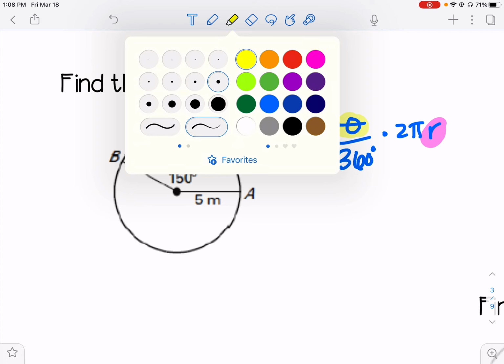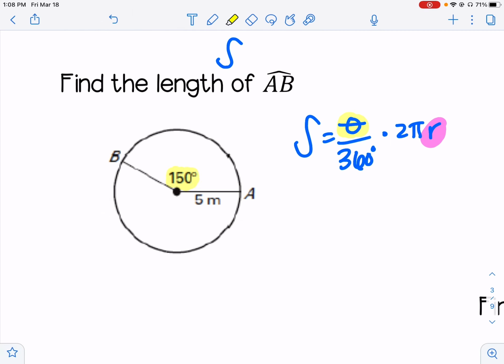As I look here, I can see that theta was given as my central angle. It's the angle given right here between my two radii. And r is the length of the radius. So now we can just plug those in. Oops, we have a value for r now, which is 5.